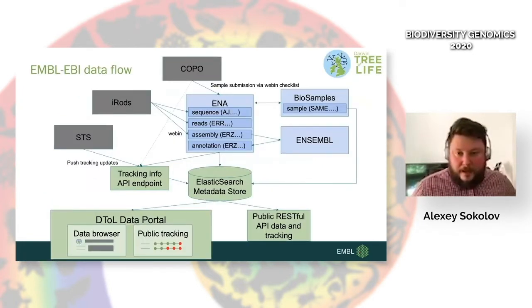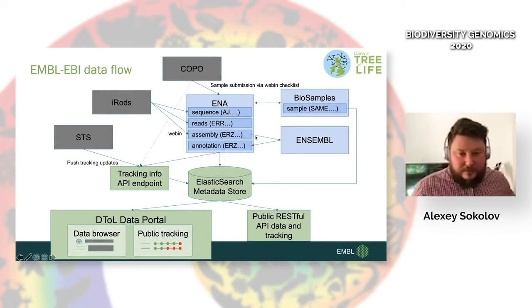So this is a more detailed EBI data flow. The part with green boxes is the data portal itself. The central component of the system is the Elasticsearch database, where we will store and collect all the metadata about different experiments. So again, sample metadata will be submitted to BioSamples through ENA, and also reads and assembled sequences will be submitted to ENA archives directly.